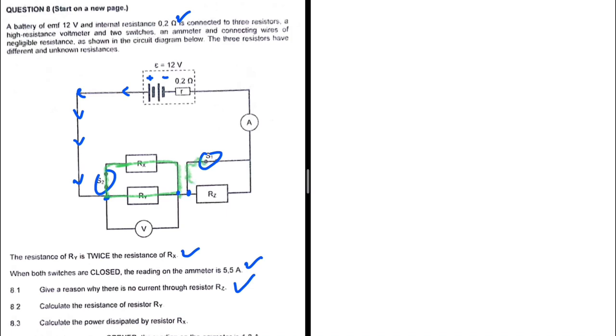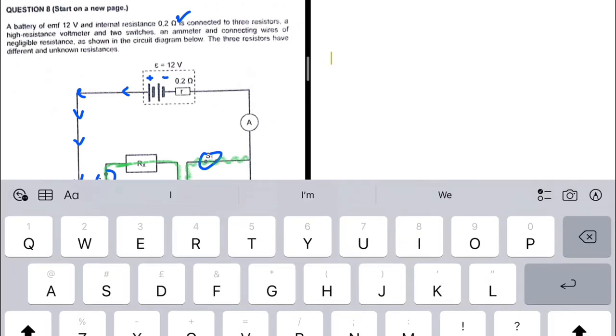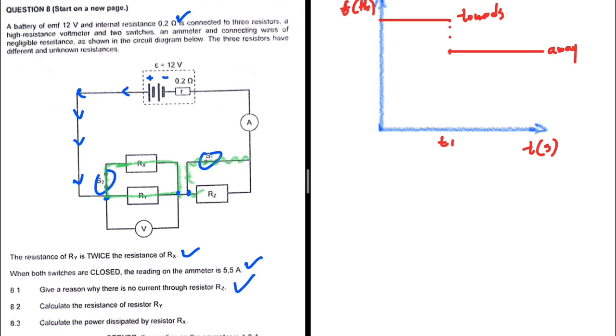One path is just a piece of wire, and the other one is resistor RZ. But we know fully well that the current wants to take the path of least resistance. So because in this path, with our switch S1, there is no resistor, all the current is going to pass through S1. No current is going to go through RZ.